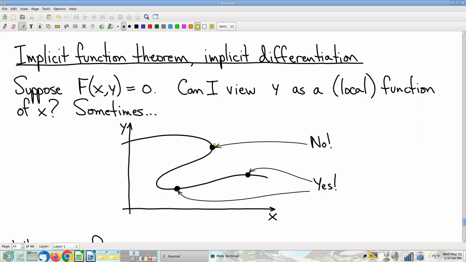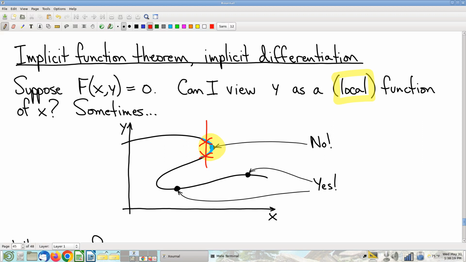But if I think about this point, if I look in a neighborhood, a little yellow ball, again, thinking locally, and look at just this piece of curve here, is y a function of x there? No, I crash and burn the vertical line test.